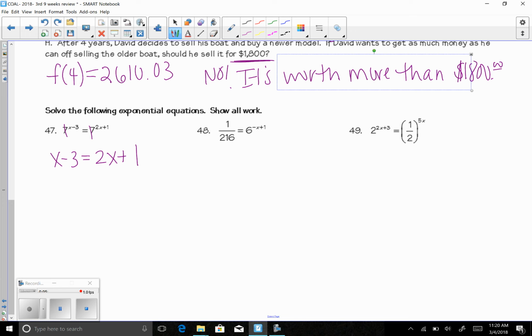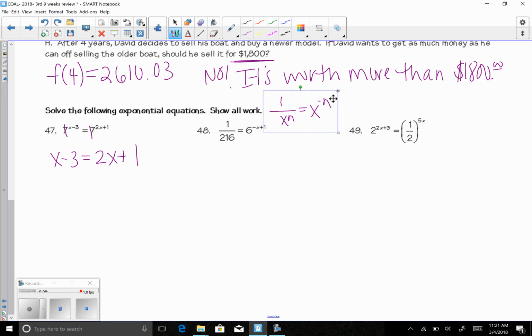Okay, all right, so 48 and 49, do you notice that each of these have fractions in them? If you remember my exponent rule, if I had 1 over x to the n, I could rewrite that as x to the negative n power. So whenever we see these fractions, we want to remember that my exponents are likely going to be negative.